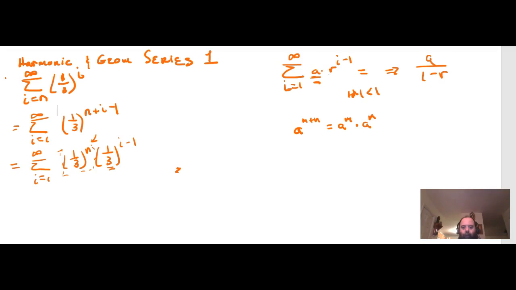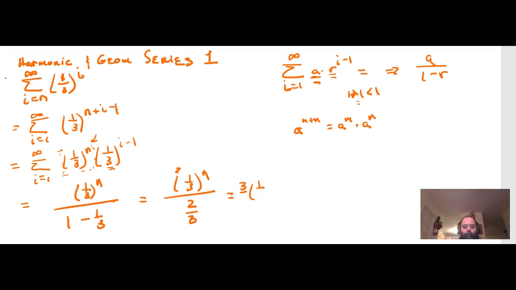This is the r, and the absolute value of 1/3 is definitely less than 1. So this is going to equal 1/3 to the n over 1 minus 1/3. Well, 1 minus 1/3 is 2/3, and division is the same as multiplication by the reciprocal. So this is going to give me 3/2 times 1/3 to the n, which I believe is answer C in the problem.